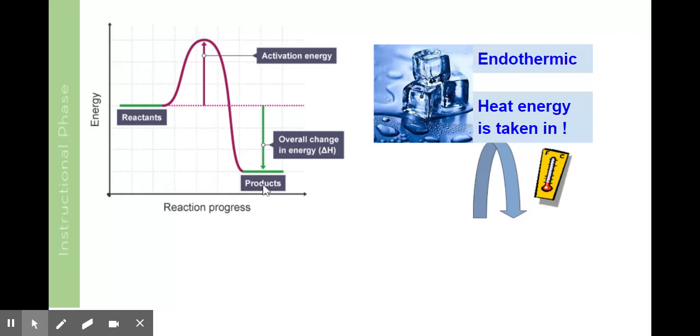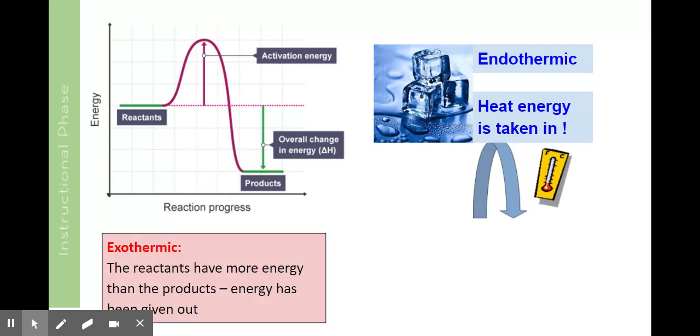What you'll notice is the reactants have more energy because they're higher on the graph than the products, which means that energy is being given out overall. So this is a reaction profile for an exothermic reaction. Remember, exothermic, the reactants have more energy than the products, therefore the energy has been given out.